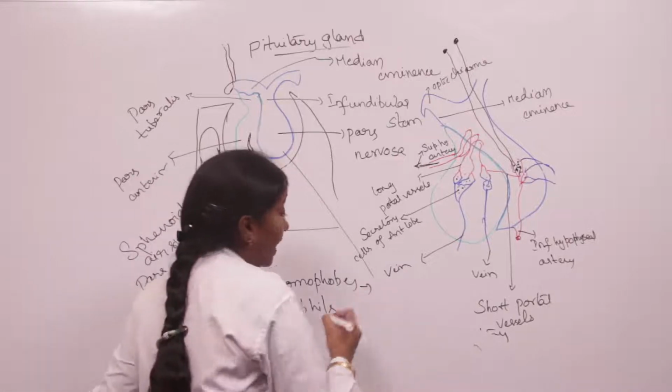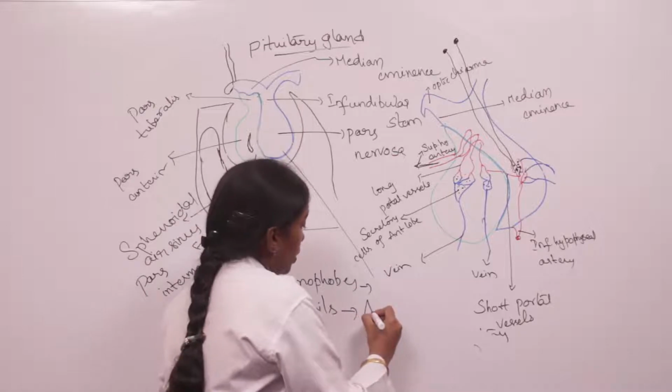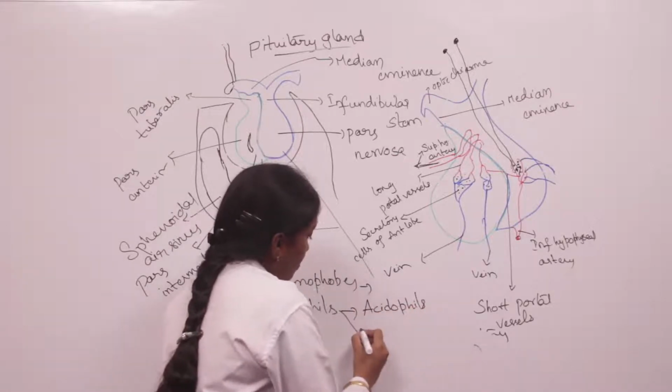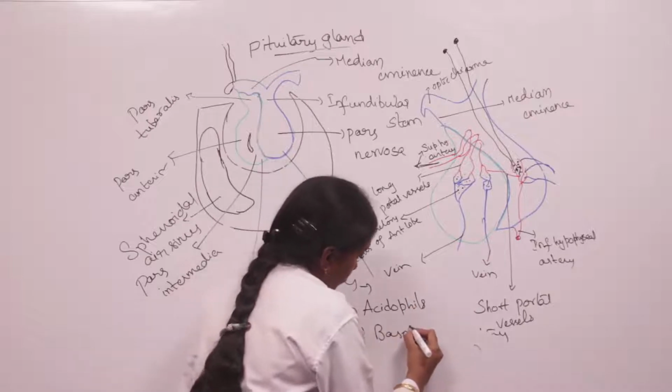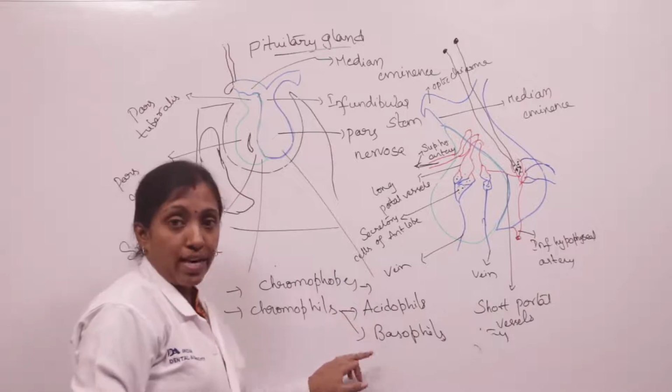These chromophobes are inactive cells; they may further develop into chromophils. Chromophil cells again divide into acidophils as well as basophils.